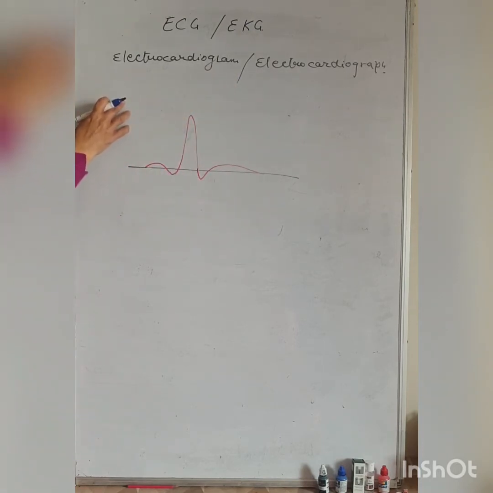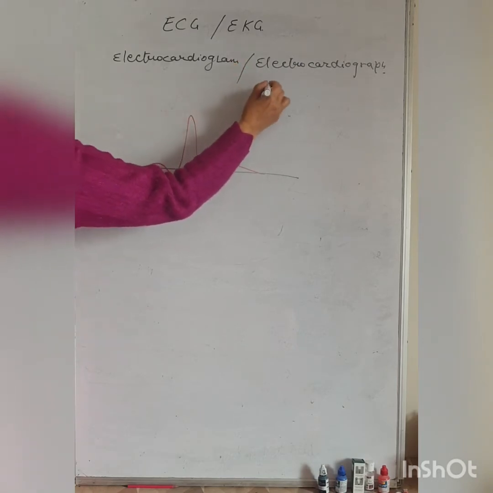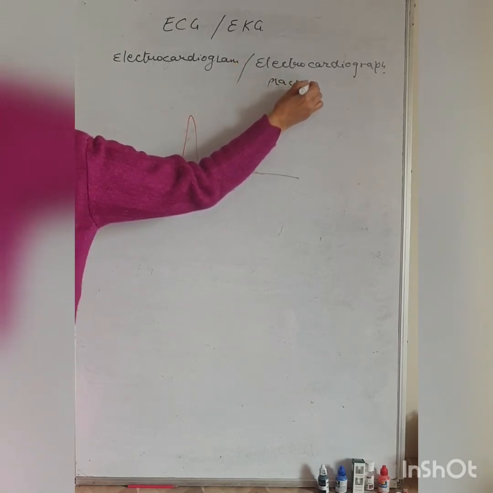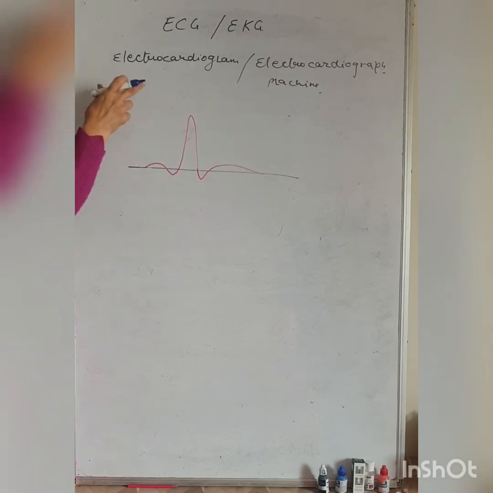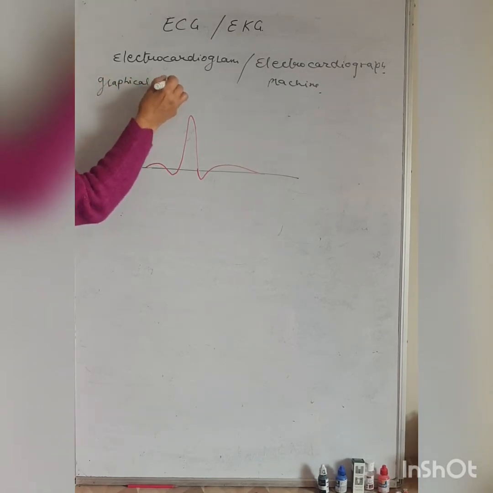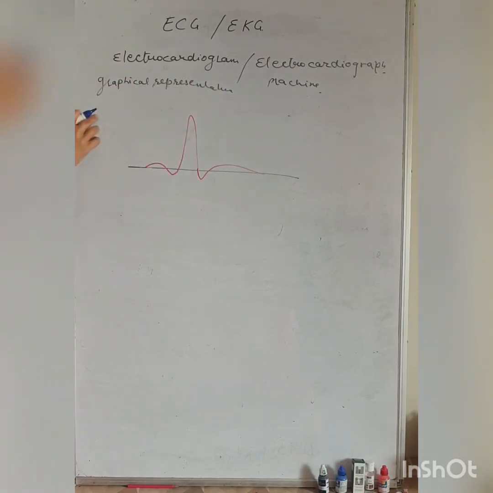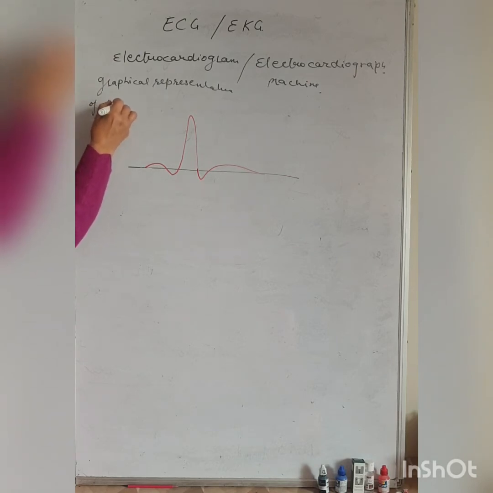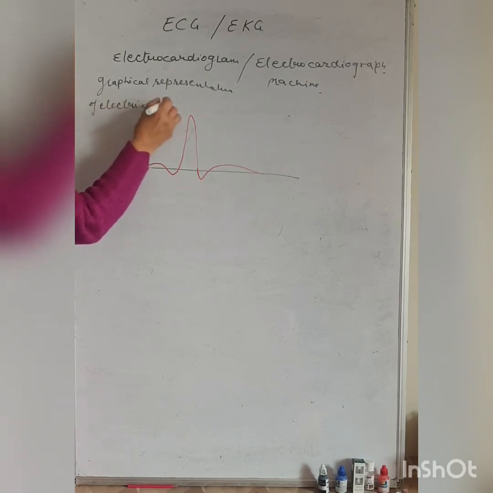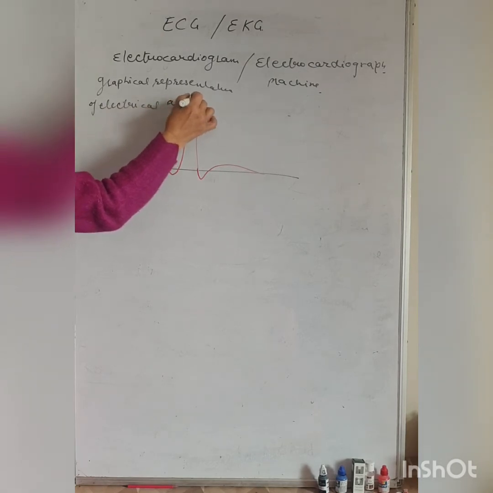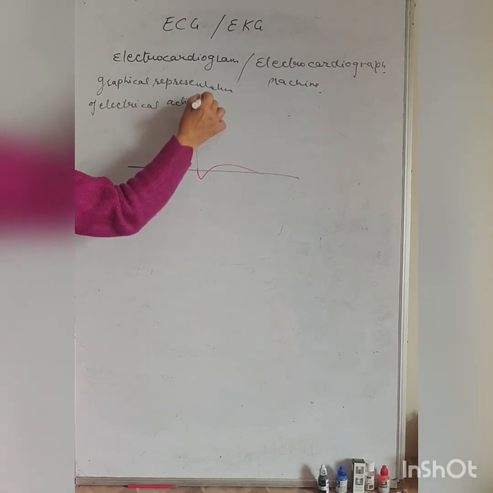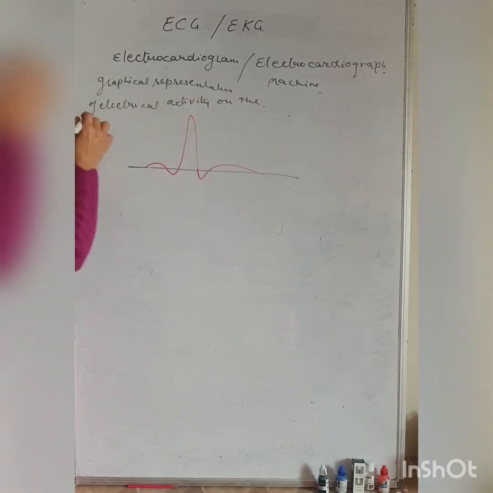The electrocardiograph is a machine, and this is the graphical representation of electrical activity on the paper, on the walls of the heart.